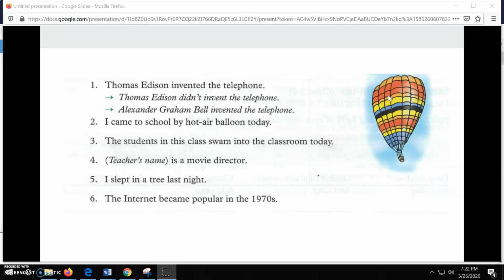If it's possible, do it with somebody else in your family. Otherwise, just read sentences 2, 3, 4, 5, and 6 and come up with one negative statement and one affirmative sentence, please. Stop the video and practice speaking.